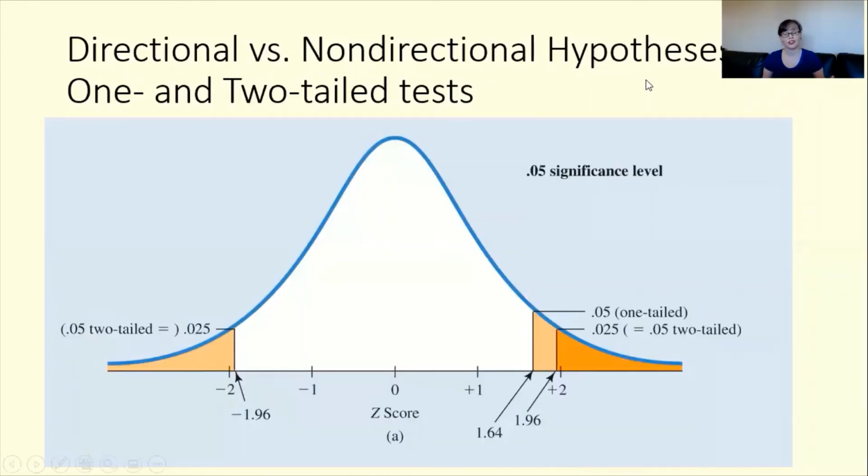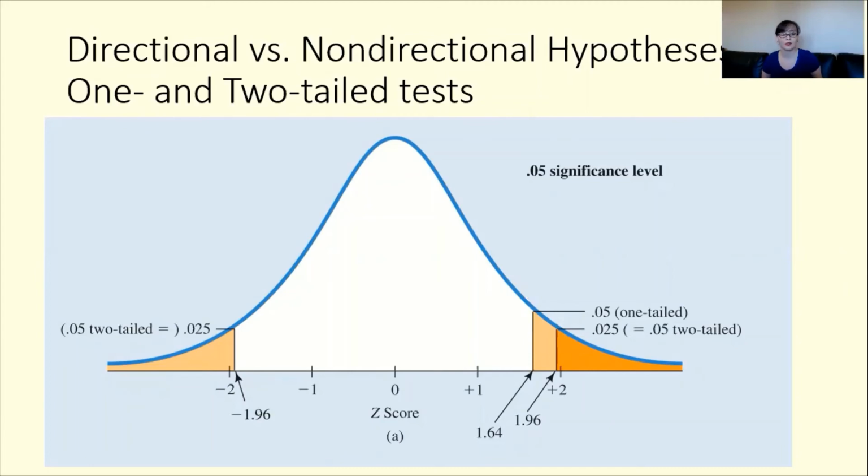And so if we look at this graph again, we can start to put this together, and we can see that in the peach that's marked 1.64, we can see that that's 0.05, that's the significance. That's marking the cutoff score, that's coloring the rest of that tail, that's the cutoff score that we would use for our one-tailed test.